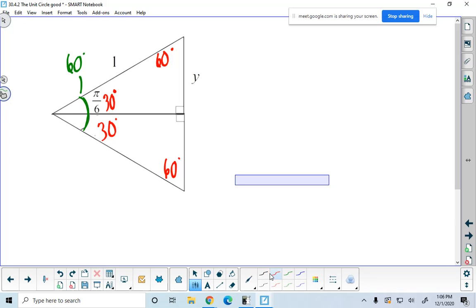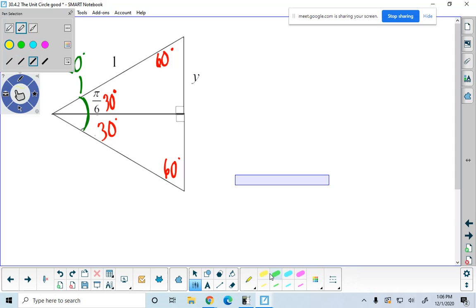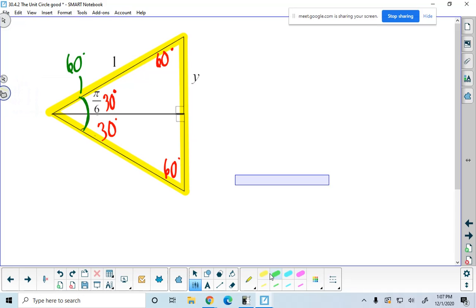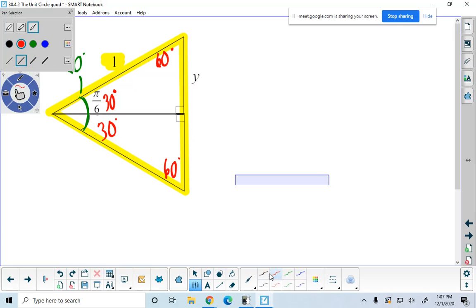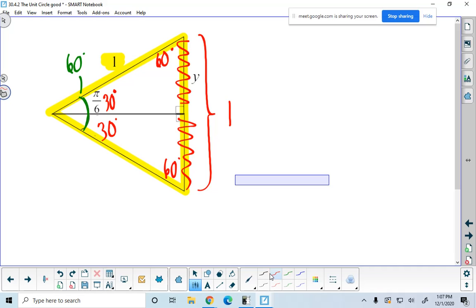I am looking now at a single triangle that is equilateral because it's a 60, 60, 60 degree triangle. Now, if it's equilateral and this length is 1, that must mean that this length is 1. And since this side is equal to this side, each of those two short sides must be 1/2.